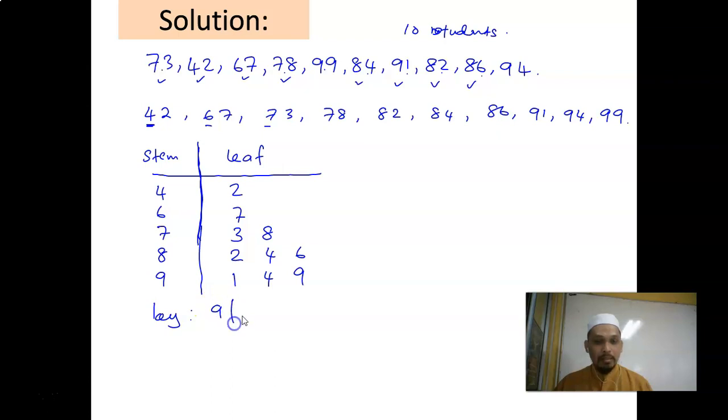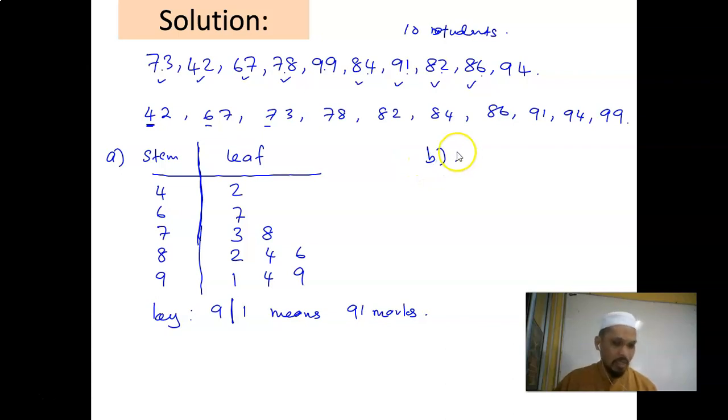So 9 | 1 here means 91 marks. This is the solution of question A. Question B, let's read the question again.